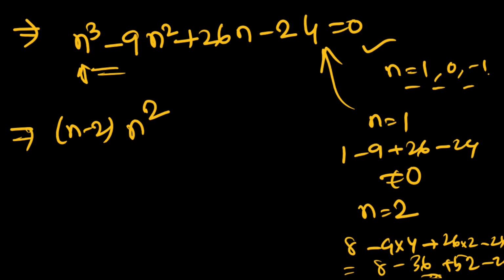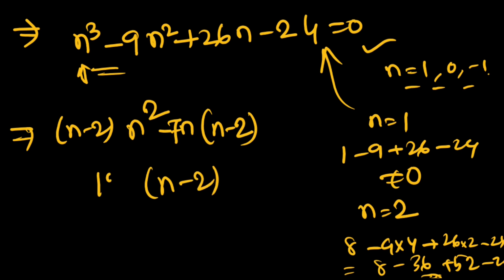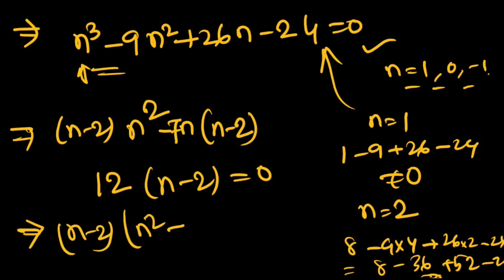But we actually need minus 9 n square, so we need minus 7n, and minus 7n with minus 2 n square gives minus 9 n square. Then plus 7 into 2, that is 14, but we need 26. So how much is left? 12n, so 12n minus 24 is equal to 0. So n minus 2 is common, and we get n minus 2 times n square minus 7n plus 12 is equal to 0.